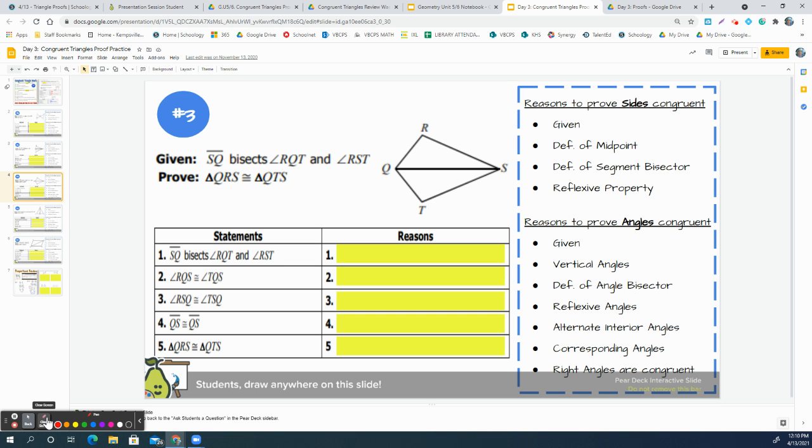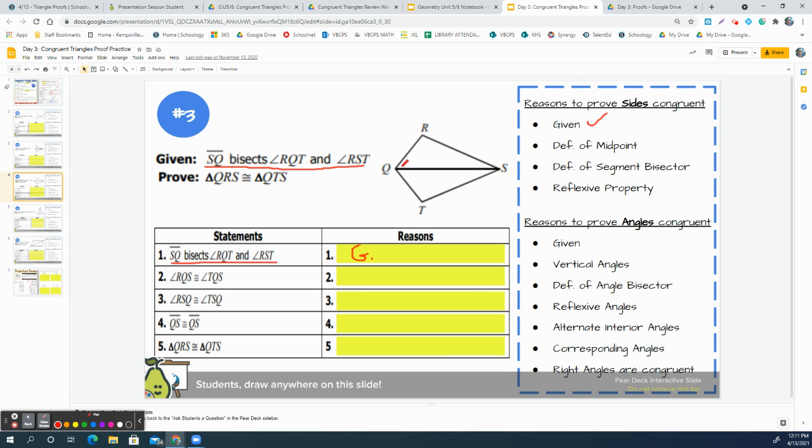So look at number 3. What goes in line 1? It is given. Okay, that's the big G, given. Boom. I got to mark it. SQ bisects.